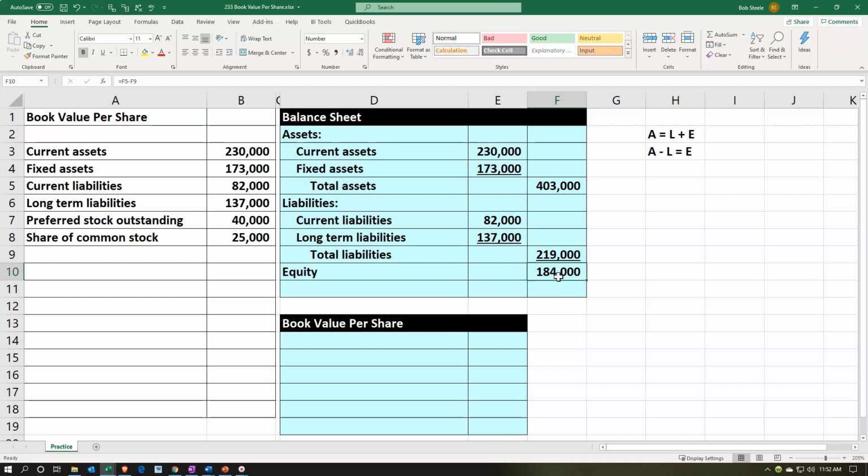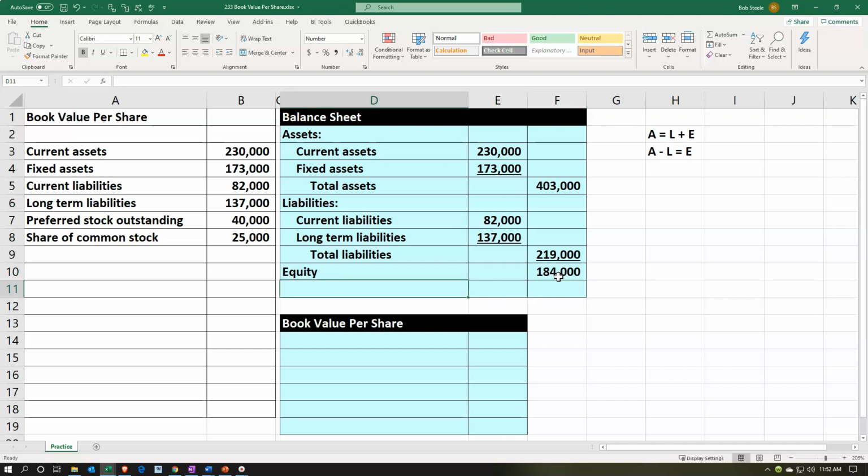Then you have to break out who those owners are. For a corporation, they're the stockholders, so you have to break out the equity per stockholder. For a partnership, it would be partners' equity, capital accounts for the partners. But all of them are similar in that if you think of equity as a whole, it's simply assets minus liabilities equals equity, which would then be distributed to the owners, whoever those owners may be, in whatever form they take.